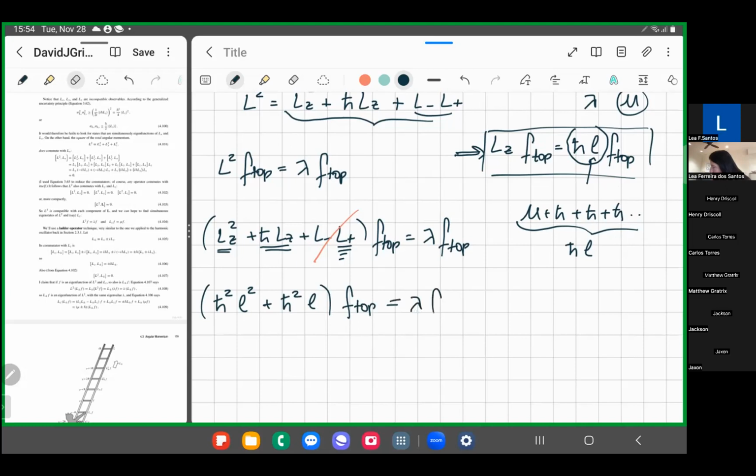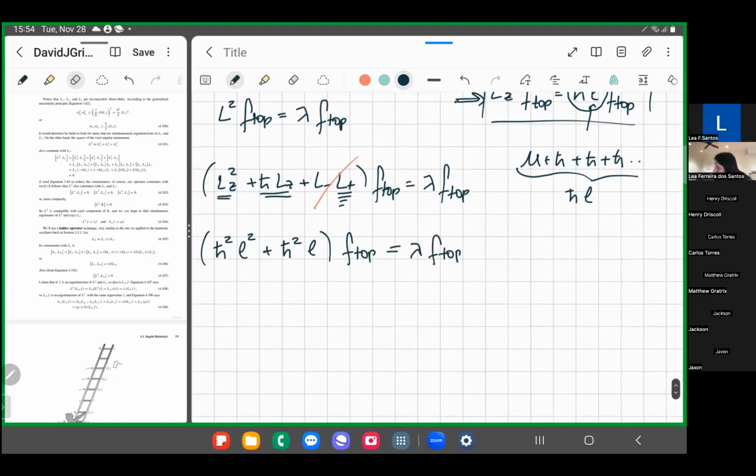And this is lambda f top. So this means that lambda, now I found lambda. Lambda is ħ squared l(l plus 1). Okay, so this is what this is.